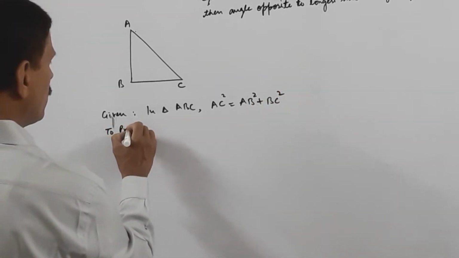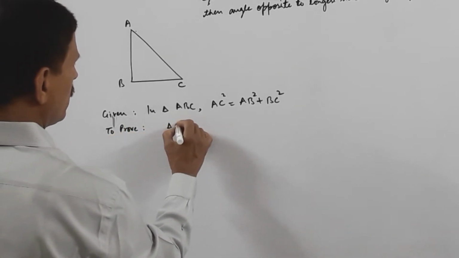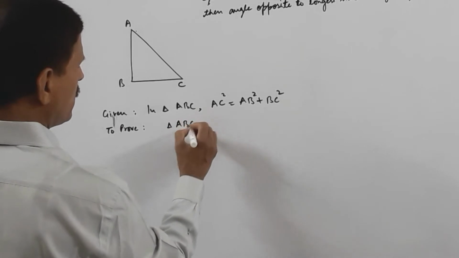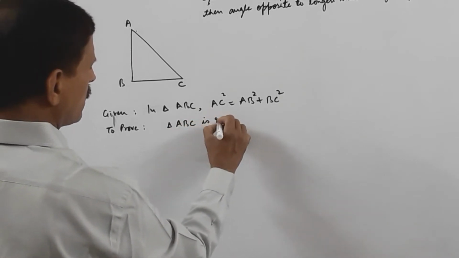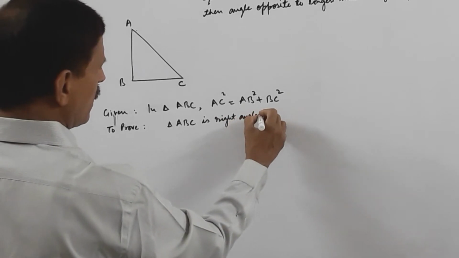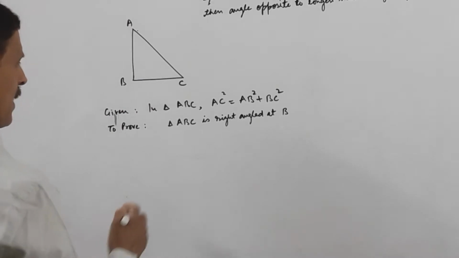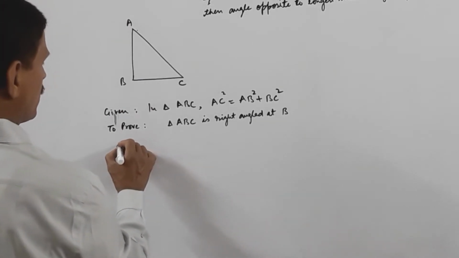To prove triangle ABC is right angled at B. To prove it, we take a construction.